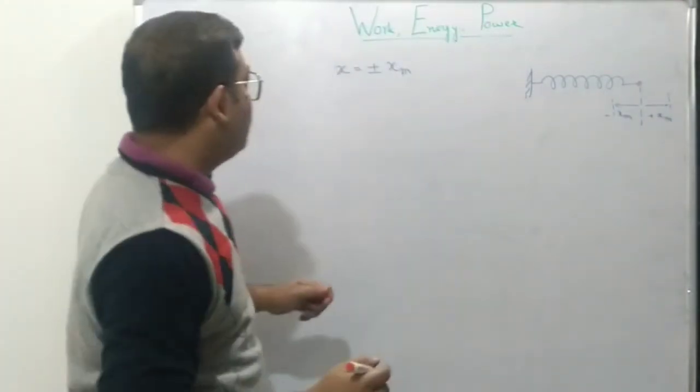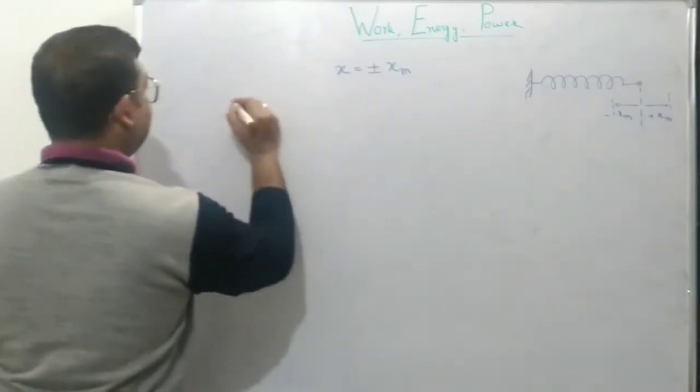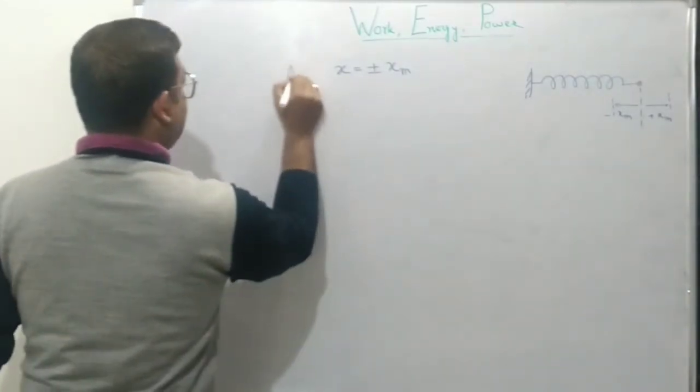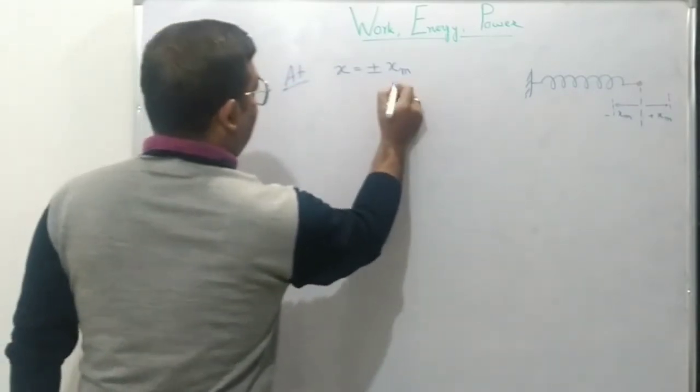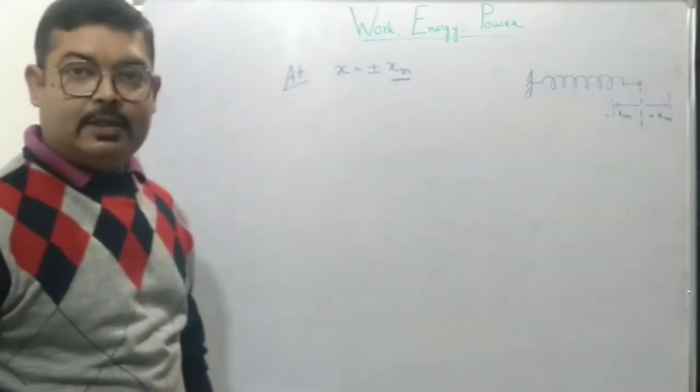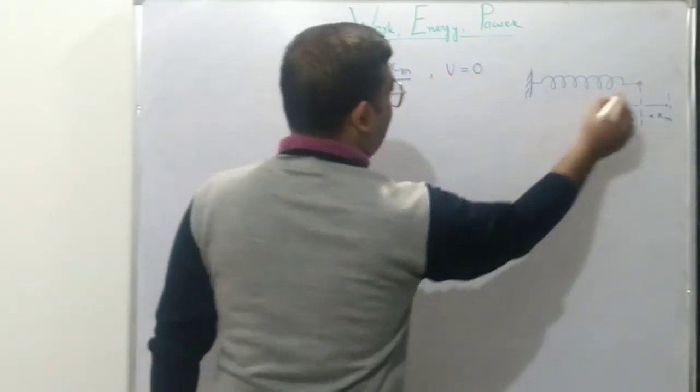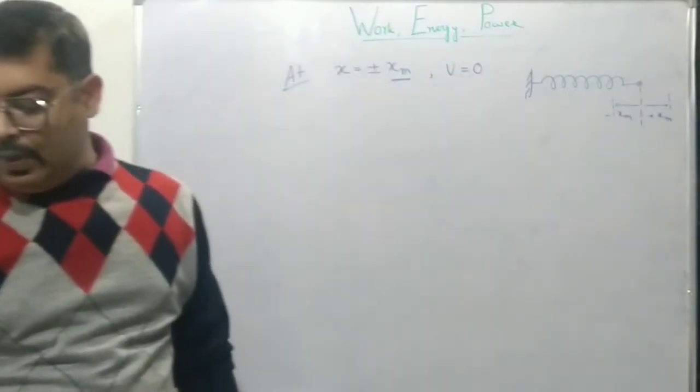Okay, so at this extreme position, at maximum compression or extension, the velocity of the object tied to the end of the spring will be 0.